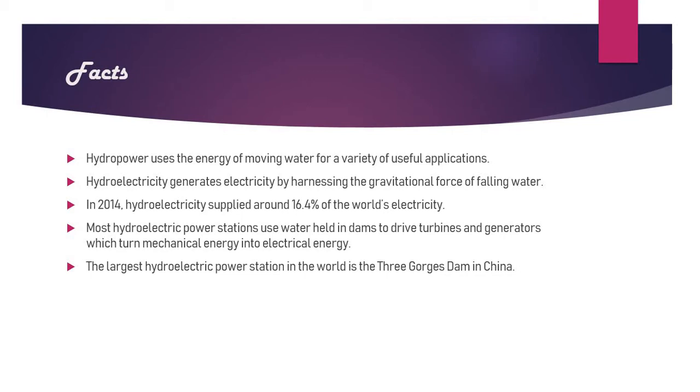Most hydroelectric power stations use water held in dams to drive turbines and generators, which turn mechanical energy into electrical energy. The largest hydroelectric power station in the world is the Three Gorges Dam in China.